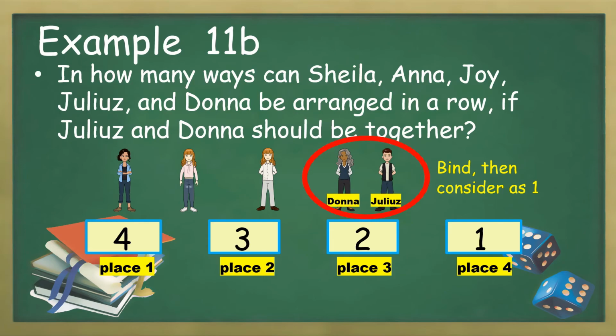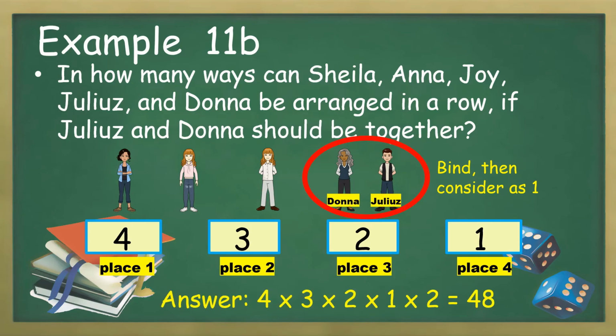So instead of solving for 2 different sets of arrangements, we're just going to multiply this by 2, which is the number of arrangements that we can have with Julius and Donna. Therefore, we have 4 times 3 times 2 times 1, then we multiply it by 2 for the arrangement of Julius and Donna. So there will be 48 arrangements that we can have where Julius and Donna are together.